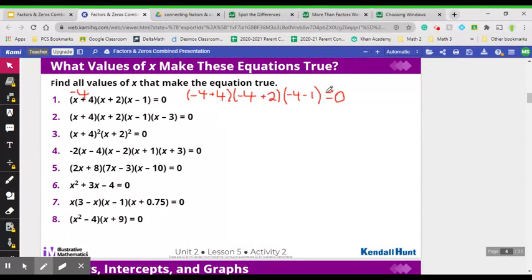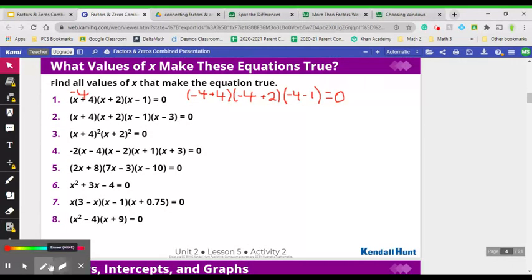Now, these second two parentheses, that would be -2, and this one over here would be -5. So -2 times -5 would be positive 10. But then this first one, -4 plus 4, ends up being equal to 0. So we figured out that one value was -4.